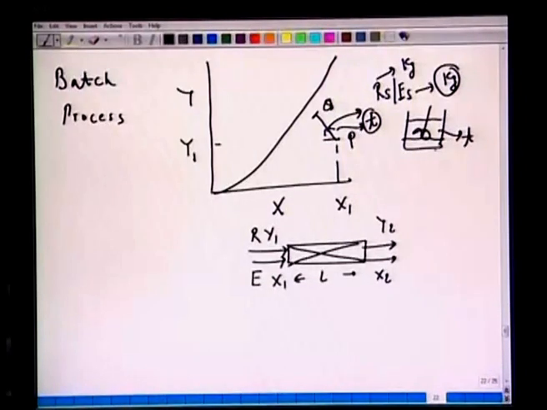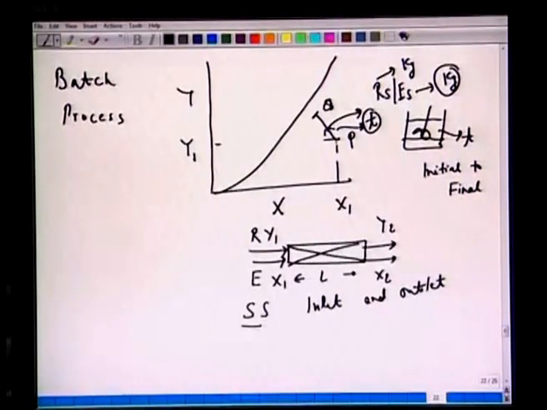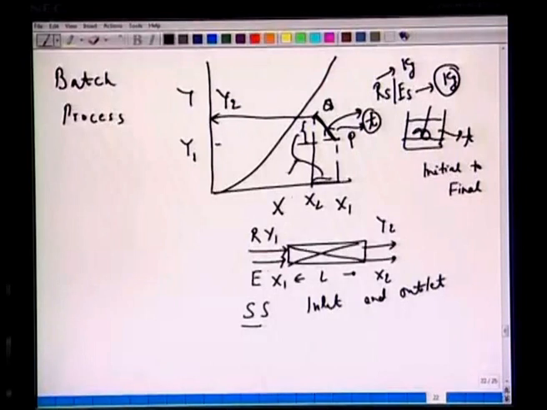If we make a material balance now from initial to final, unlike here where we have a steady state and make a material balance between inlet and outlet, notice that we will get the same results. Now we are drawing P to Q. The composition here is y2 after a certain time, and the composition here is x2 after a certain time. So we have achieved x1 minus x2 or y1 minus y2, these differences, over a time t instead of over the length L. Otherwise, our mathematical treatment is the same as before.